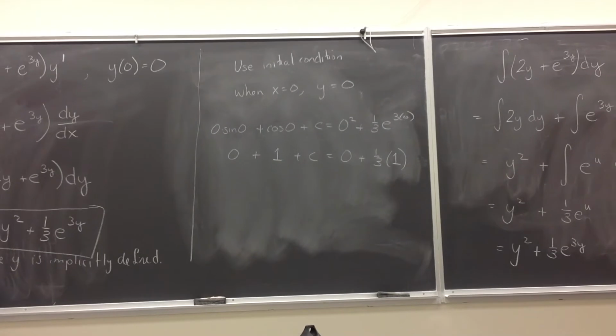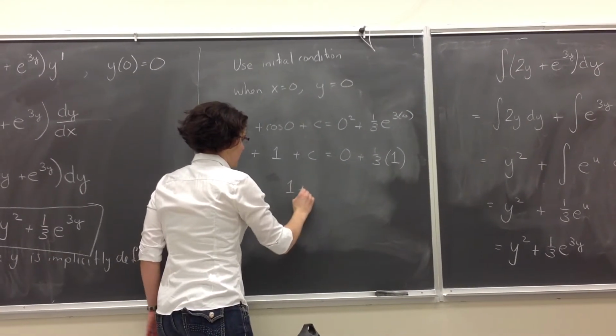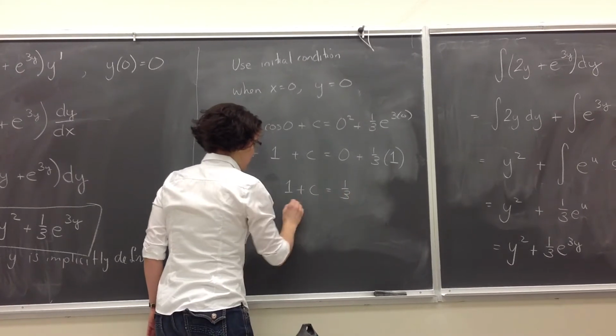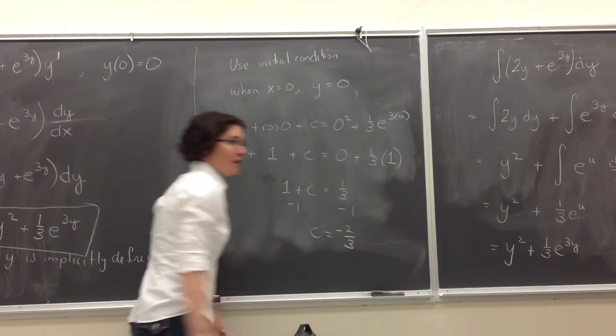And once I get to here, it's pretty easy to solve for c. I subtract 1 from both sides. So I have 1 plus c is equal to 1/3. Subtract 1, and I have c is equal to negative 2/3.